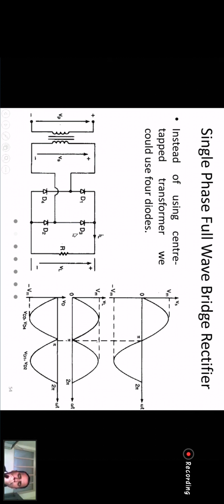The peak inverse voltage, the voltage across the diode, is only Vm. But if you see in the center tap type, the previous example, in that case the PIV was 2 Vm. It was 2 Vm.